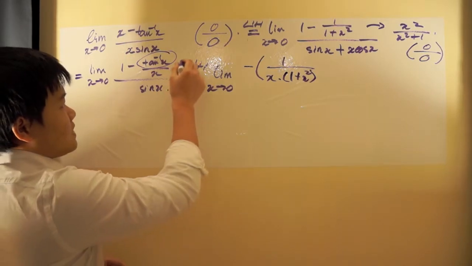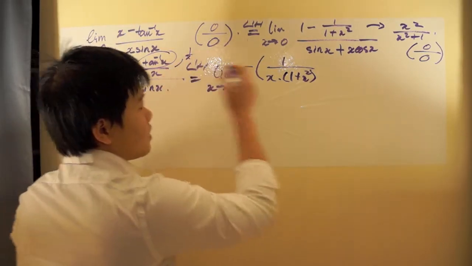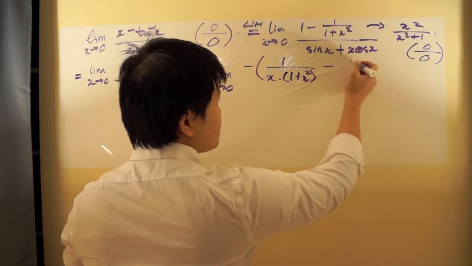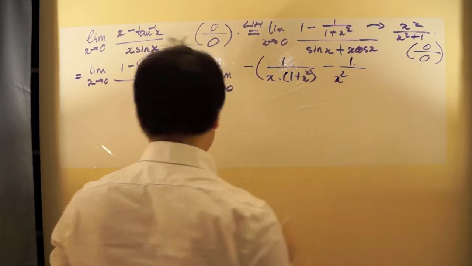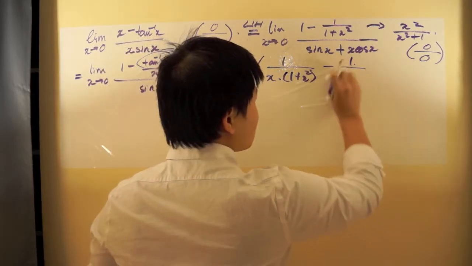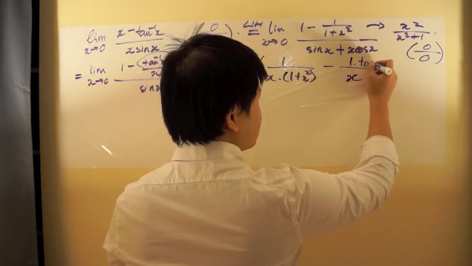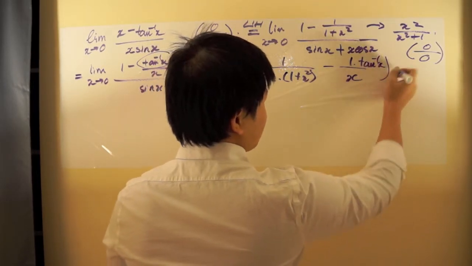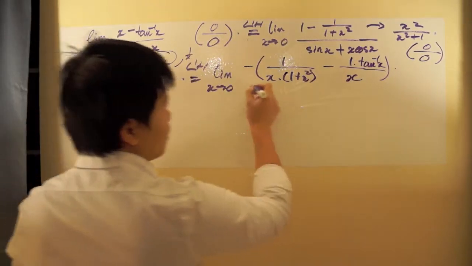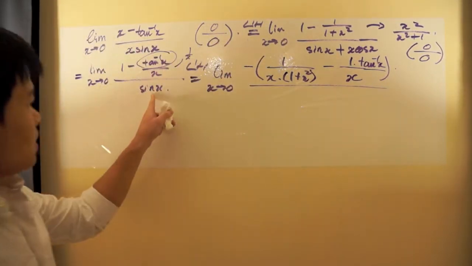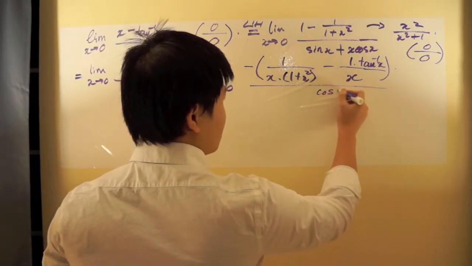The second entity is 1 over x, so we apply the derivative for that. So you would have minus 1 over x squared times inverse tangent x. Okay. All right. So over, the derivative of sin x is cosine x.